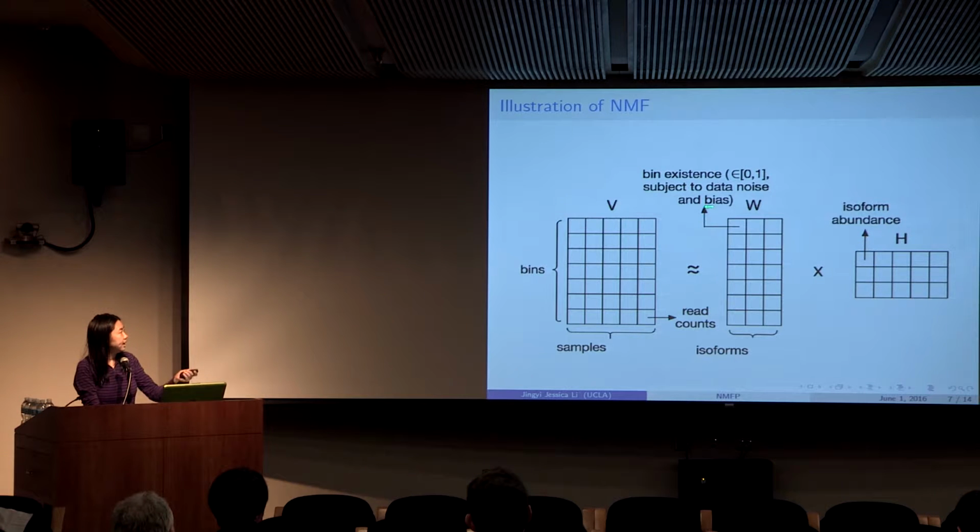So a very good interpretation of NMF here is that this W matrix is the composition of potential isoforms, because every column we will require to be binary. It will mean whether this isoform contains this bin or not. And over here, per column, which is per sample, is the abundance of each isoform. So this is our ideal. We want to achieve this.